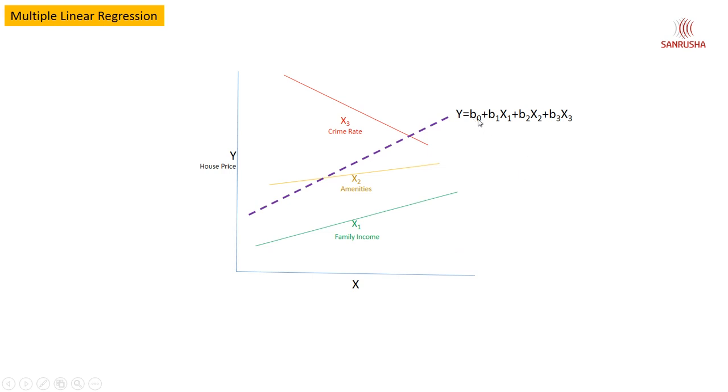And the formula might look something like this. Y, the dependent variable, is equal to b0, the y-intercept, and then b1, that is coefficient for feature 1 and feature 1 value. Coefficient for feature 2 and feature 2 value. Coefficient for feature 3 and feature 3 value. So that is the multiple linear regression.